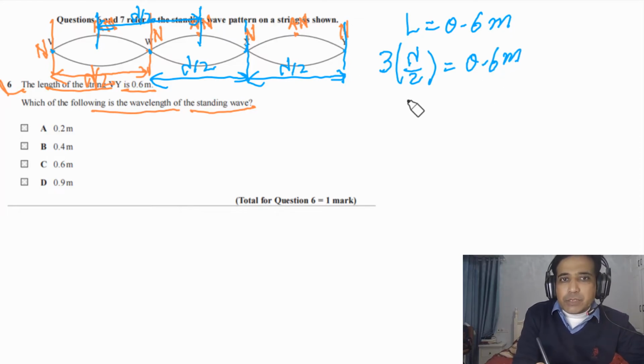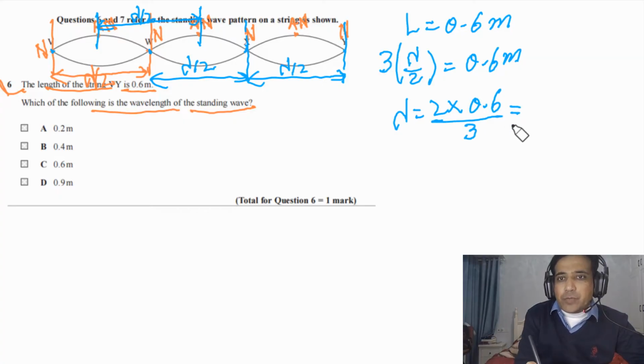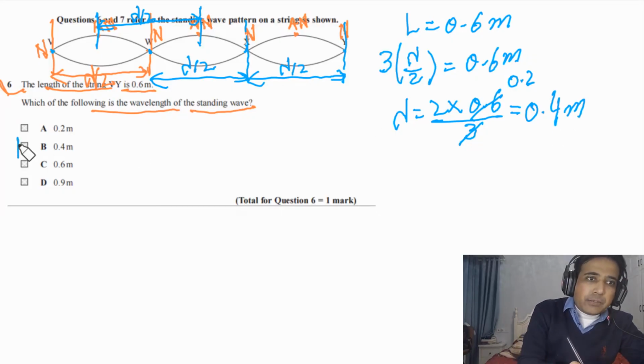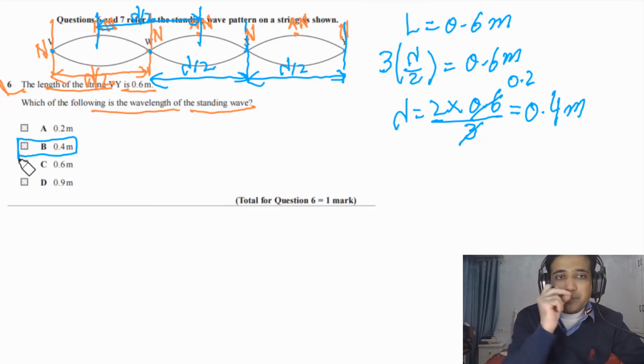So from here, lambda will be equal to 2 times 0.6 divided by 3. If we divide 0.6 by 3, we get 0.2, and multiplying 0.2 by 2, we get 0.4 meters. So the wavelength is 0.4 meters.